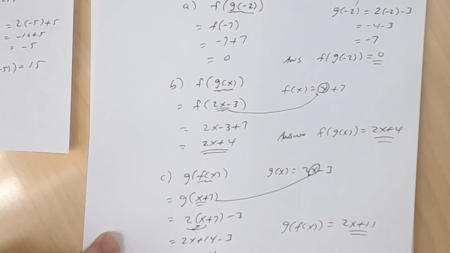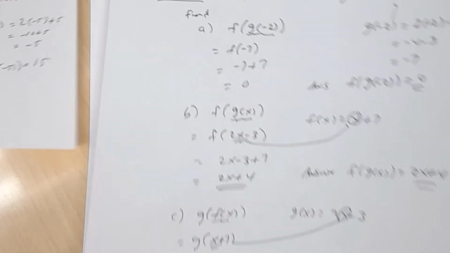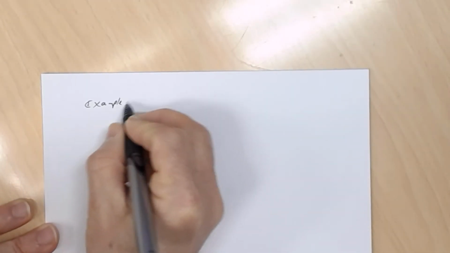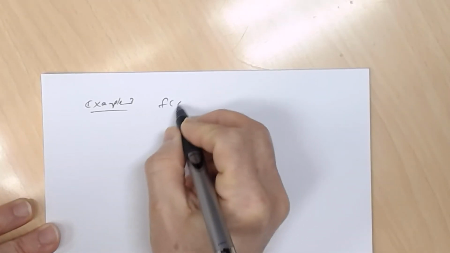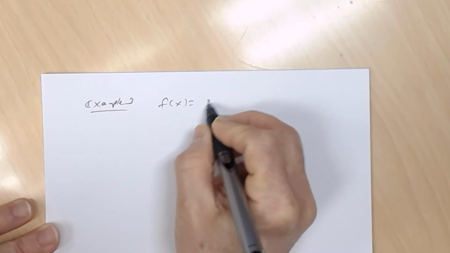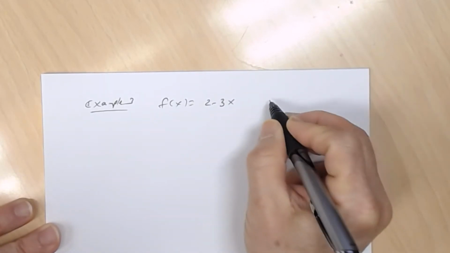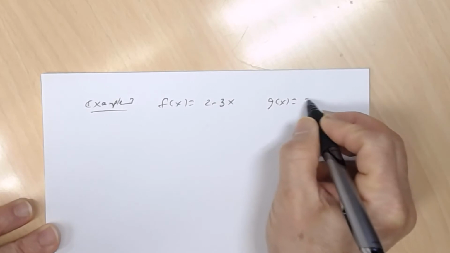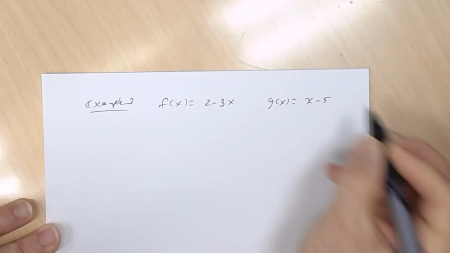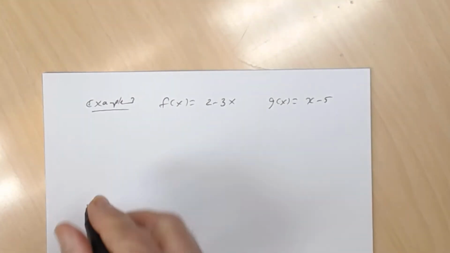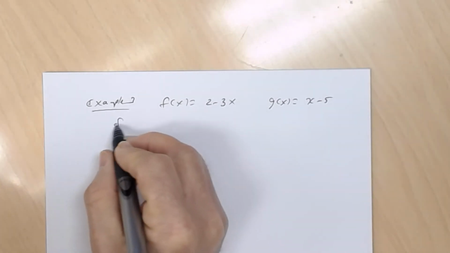Let's suppose in example 3, I have f of x is 2 minus 3x, and then g of x is x minus 5. Okay? Now, let's suppose I want to find this.